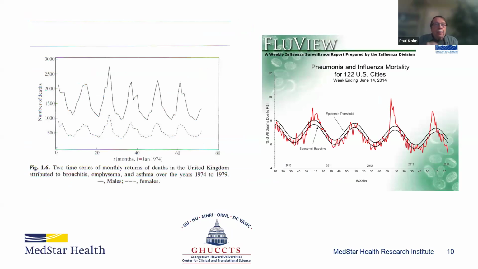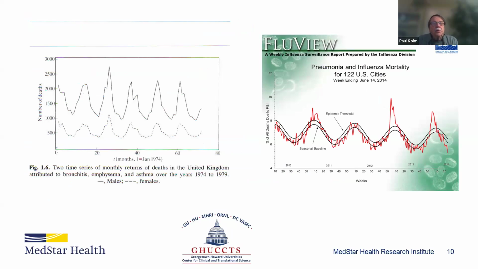Here are a couple of examples that are fairly old. In the figure on the left-hand side, we have deaths in the UK attributed to bronchitis, and there definitely appear to be seasonal trends.